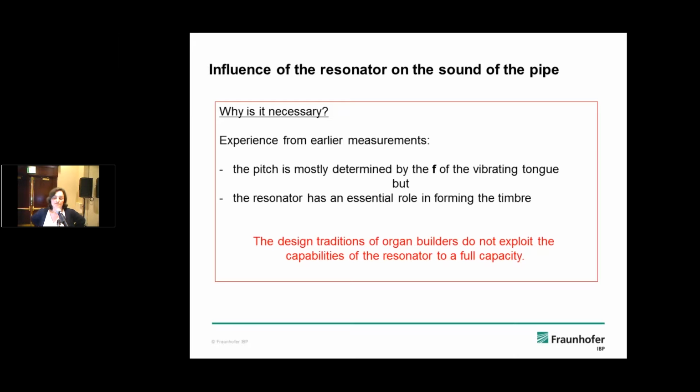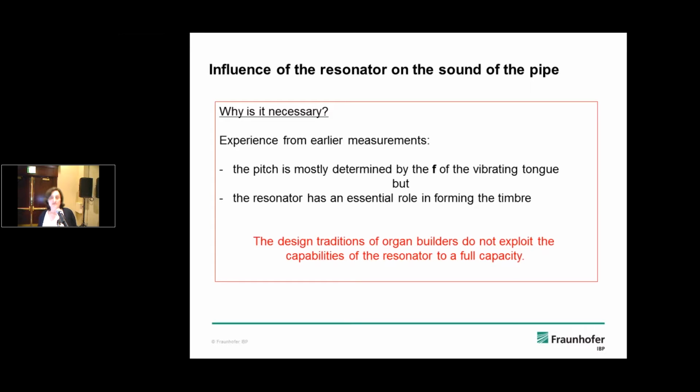So, why is it necessary to make measurements, investigations on the influence of the resonator on the sound of the pipe? The experience from earlier measurements is that by reed pipes, the pitch is mostly determined by the frequency of the vibrating tongue. But it's very important that the resonator has an essential role in forming the timbre.